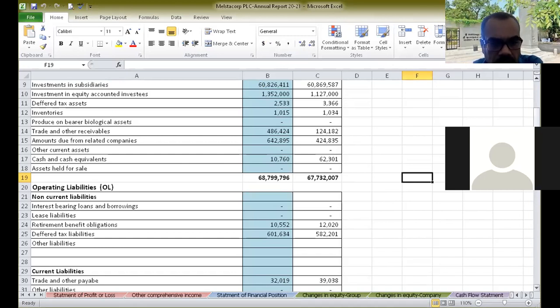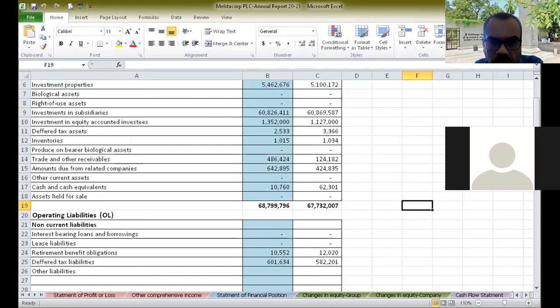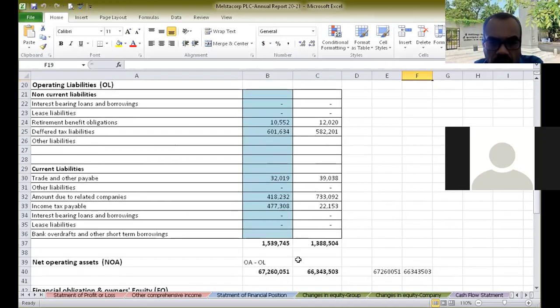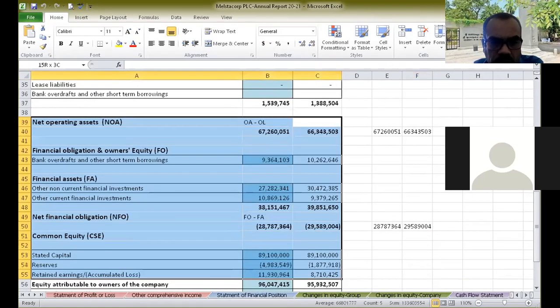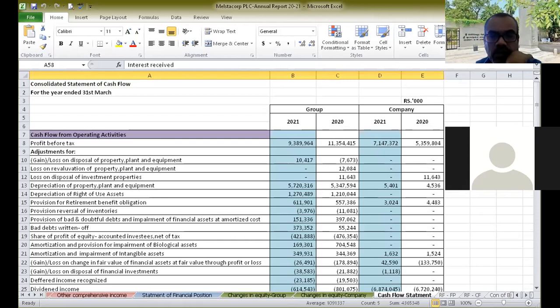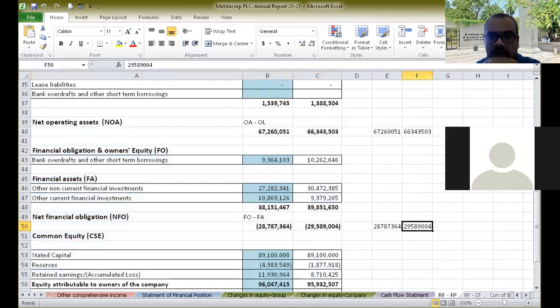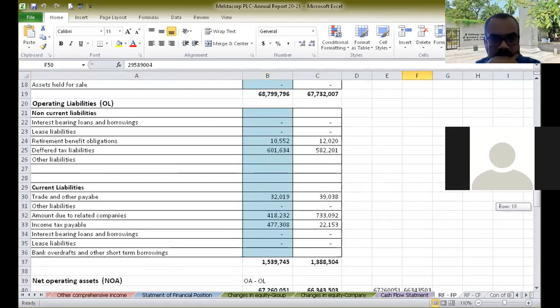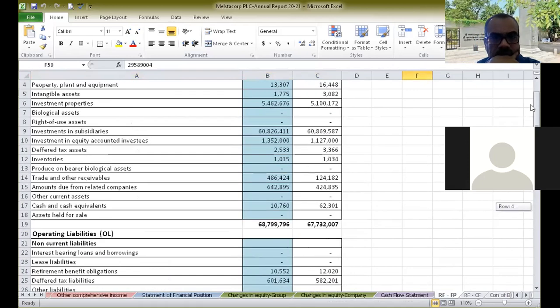Yeah, I hear you. So here, that financial statement. Net operating assets. Yes.